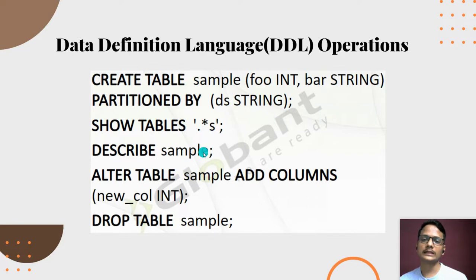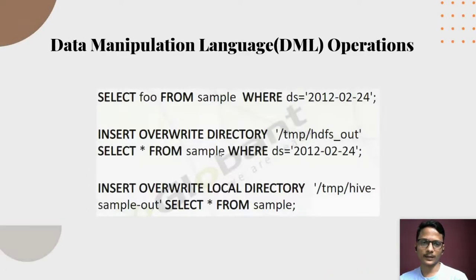These are all the DDL commands to perform operations like showing the data, altering the table, and dropping the table if we require. All of these can be performed in Hive as well.